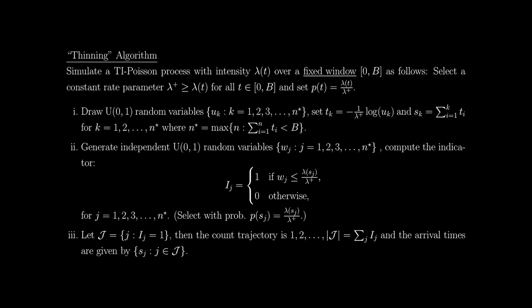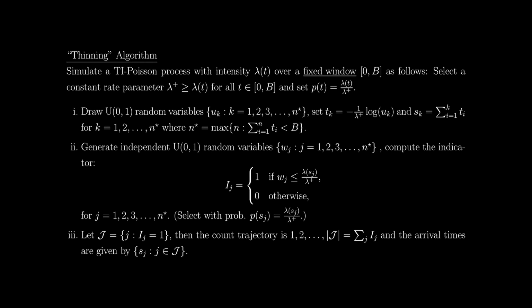So what is this step doing? It is selecting with probability psj, essentially. Cool. Step 3, let cal j denote a set of indices j where j is such that the indicator ij is equal to 1.